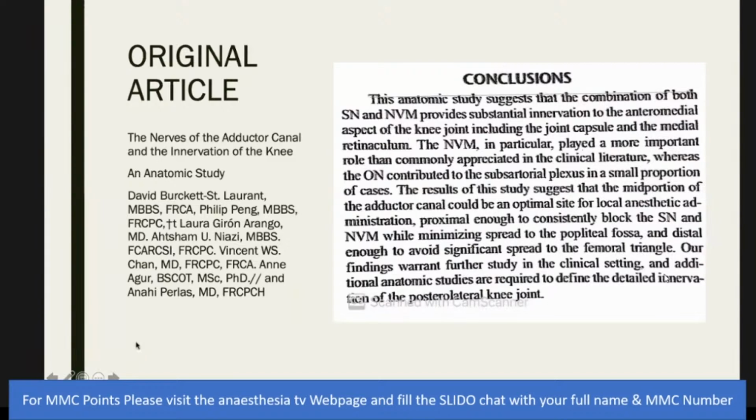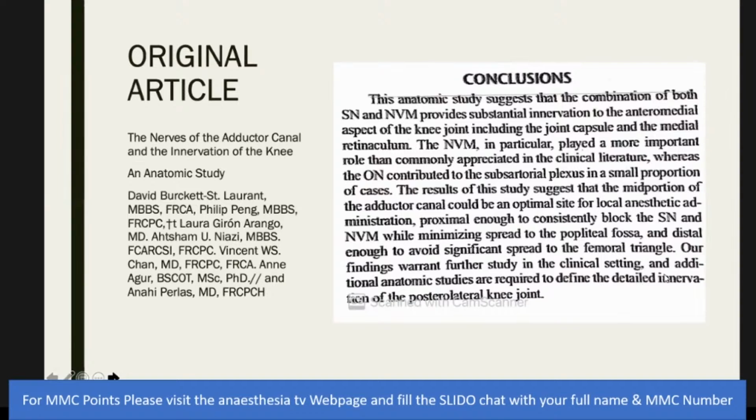This is the original article from the Regional Anesthesia and Acute Pain Journal. The study was done by Bendtsen and Philip Peng in 2016. They studied the nerves of the adductor canal and the innervation of the knee.